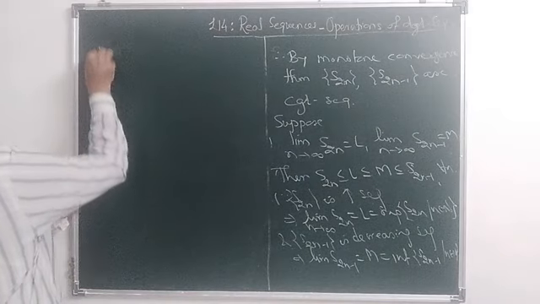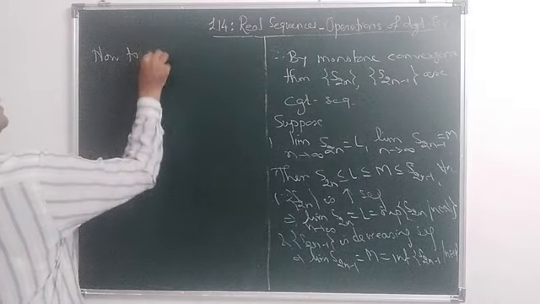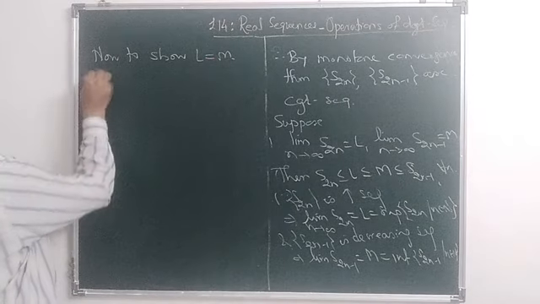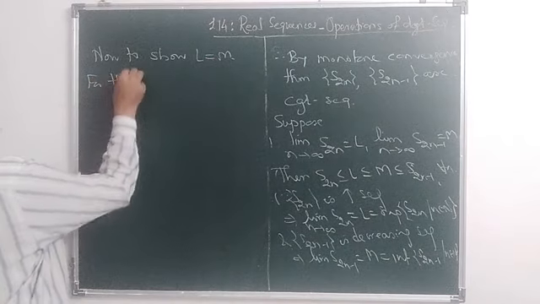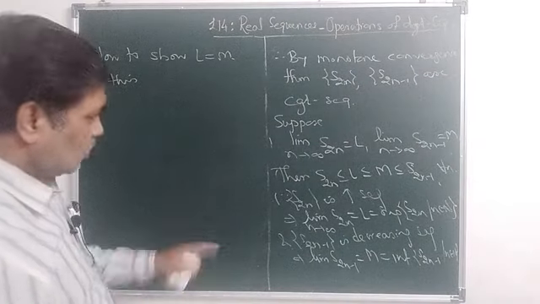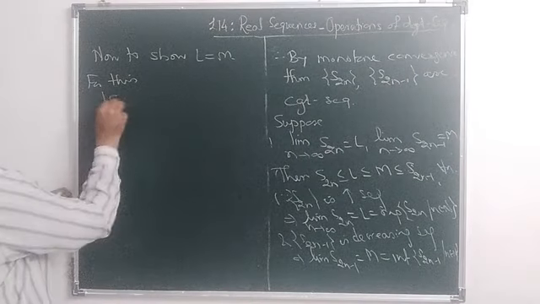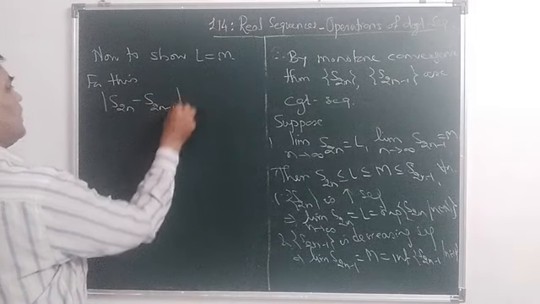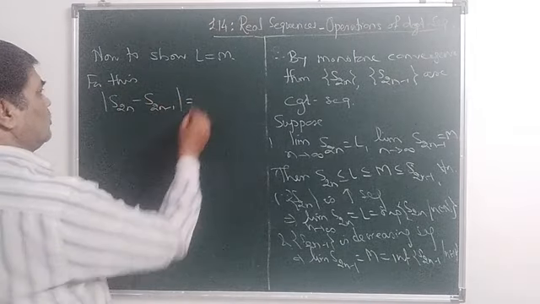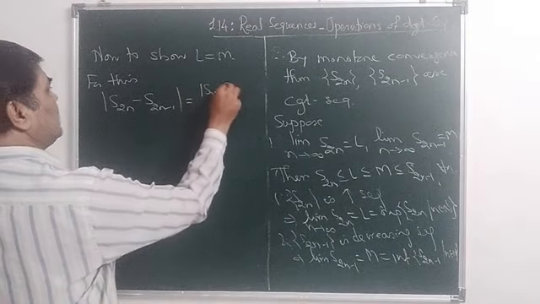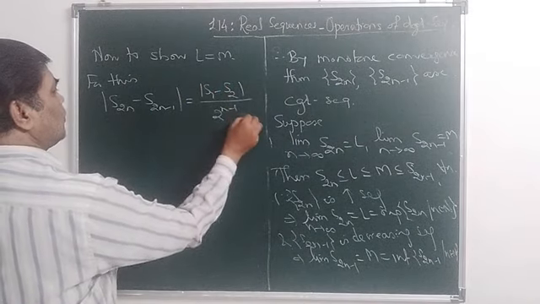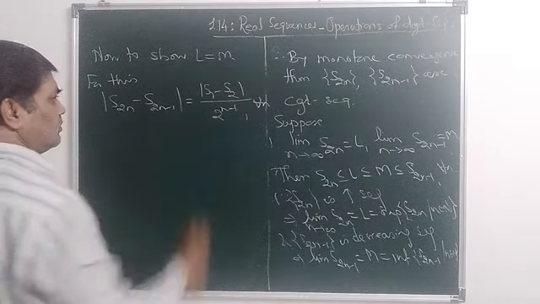Now to show L is equal to M. For this, mod of S2n minus S(2n-1) is equal to mod of (S1 minus S2)/2 raised to n minus 1, for every n.